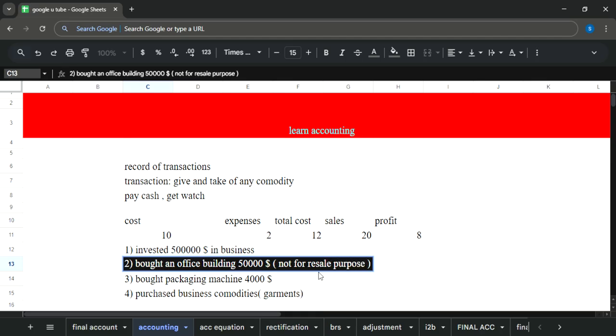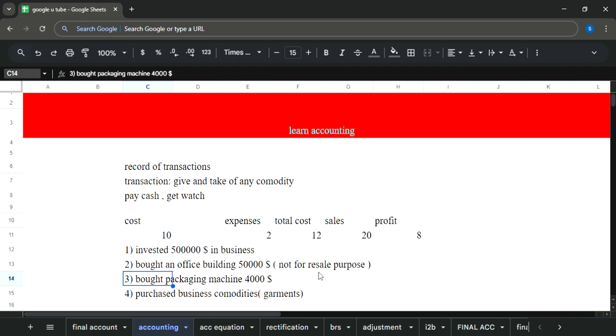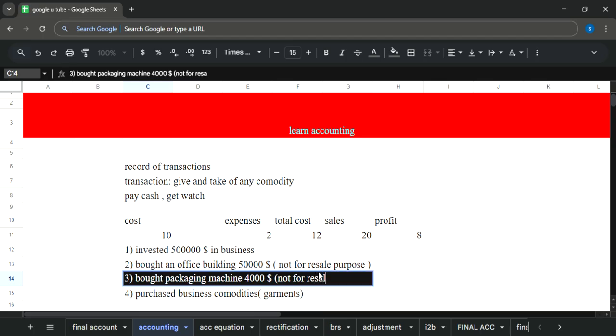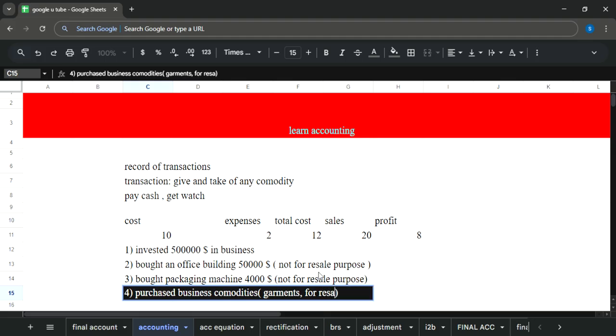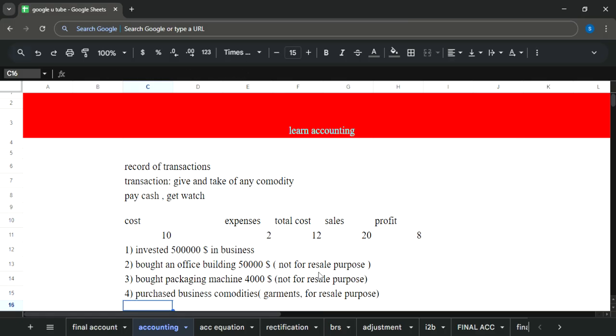And then when you have bought a packaging machine, that was also not for resale purpose. But when you have bought these garments, they are for resale purpose. It means these are goods, commodities, and merchandises.